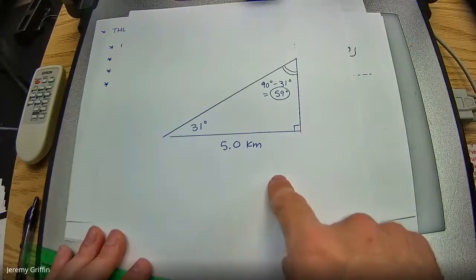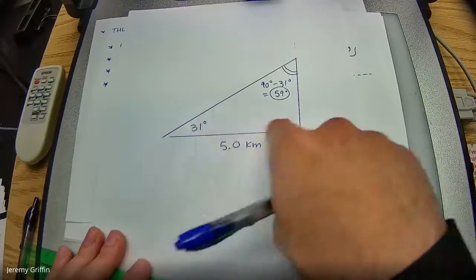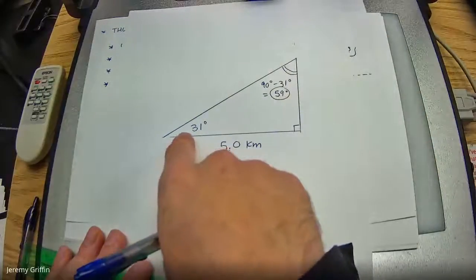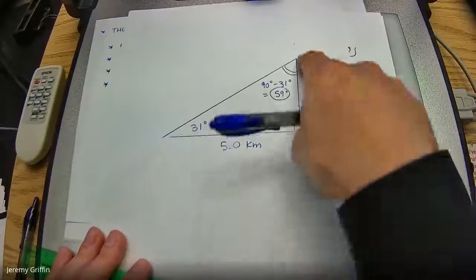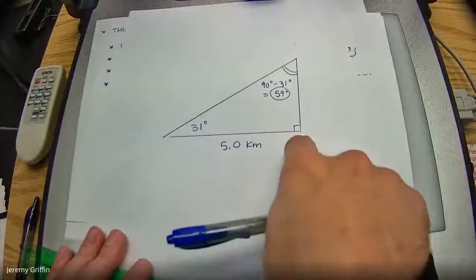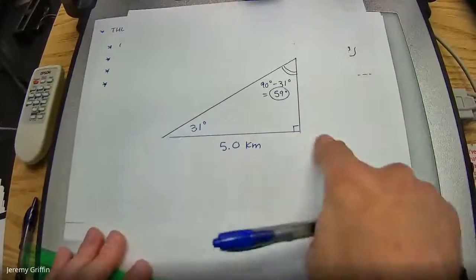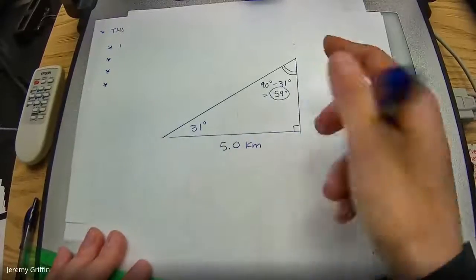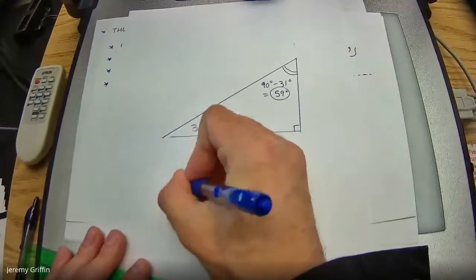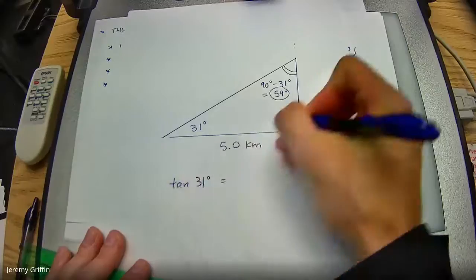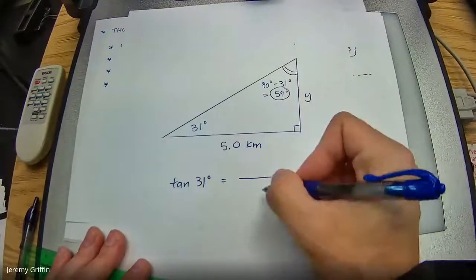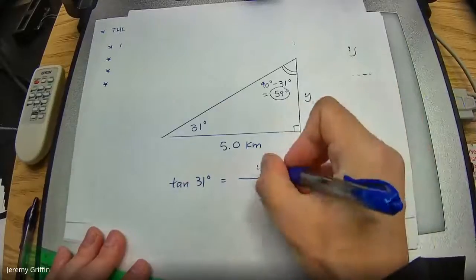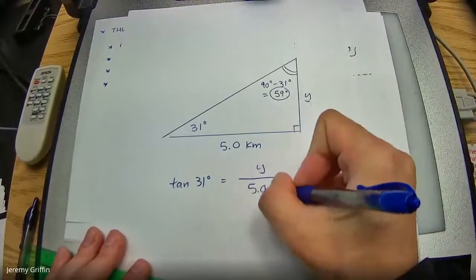Alternatively, I might find it out a roundabout way. Let's bounce off this 31-degree angle, and you want to find the opposite side. If you know one of the legs and you want the other leg, does that sound like sine, cosine, or tangent? Something to do with tangent. Tangent of 31 degrees equals, I'll call this y, y over 5 kilometers.